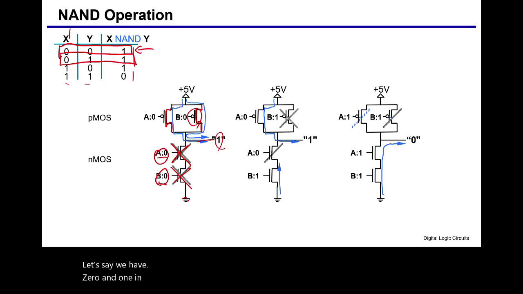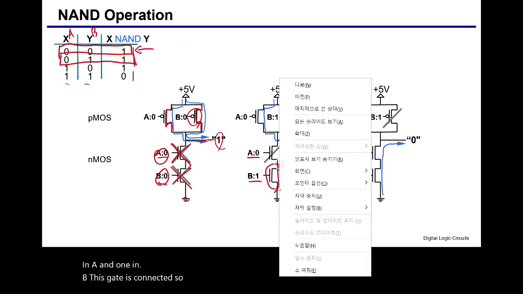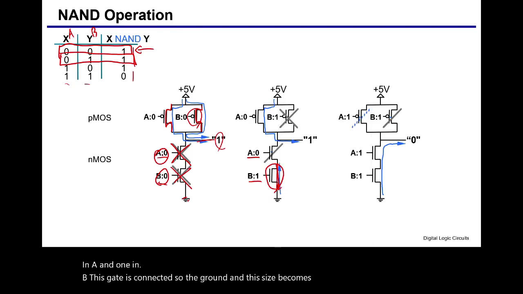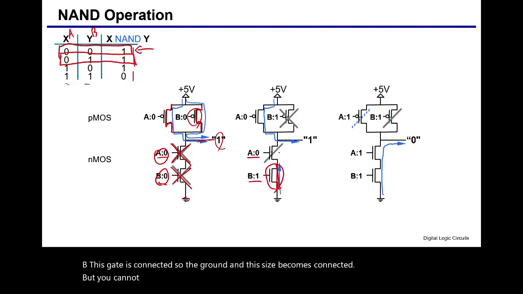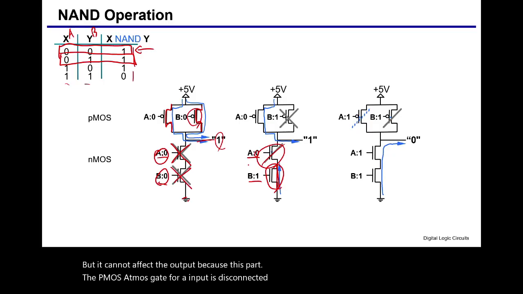Sorry, I use XY here and AB here. Anyway, when we have 0 in A and 1 in B, this gate is connected. So the ground and this side become connected. But it cannot affect the output because the NMOS device for the A input is disconnected, because A is 0.